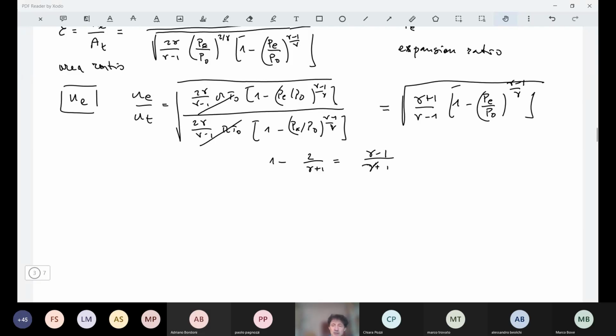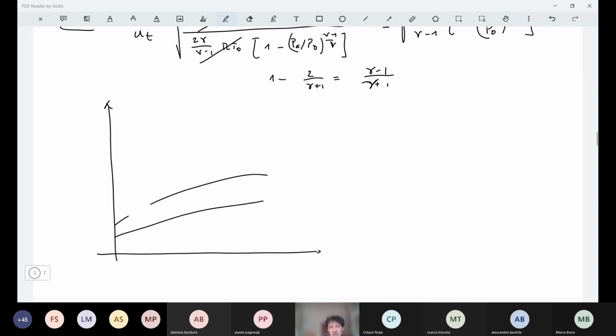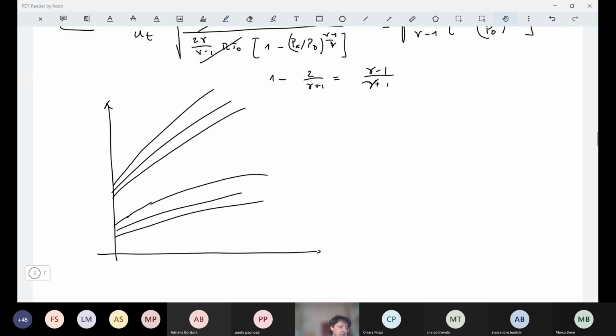And we can plot different lines on this plane where we have log scales.